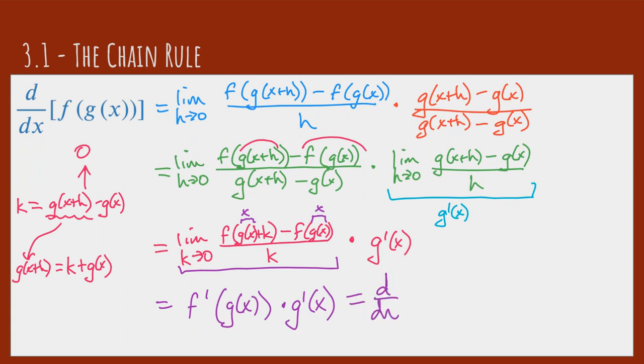It gives us a way of taking derivatives of composite functions regardless of what those functions are. And the idea here is we're going to take the derivative of what I'm going to call the outer function.